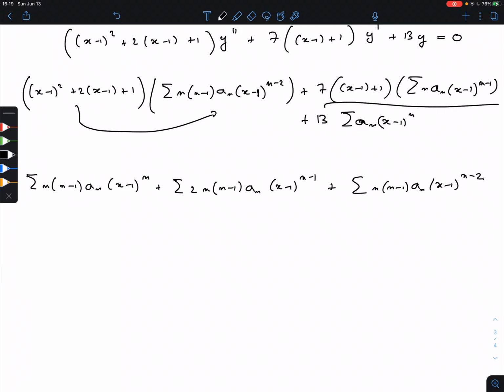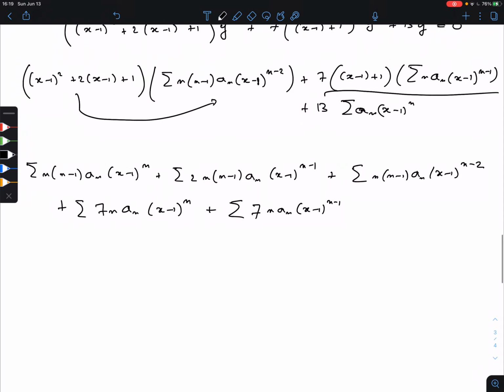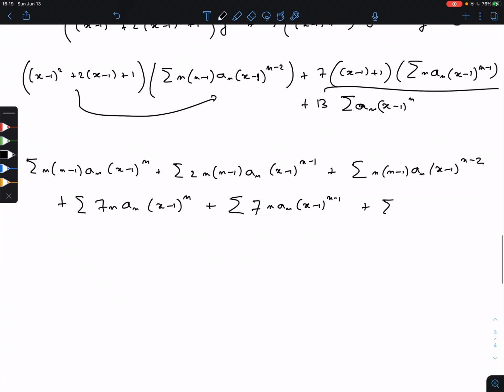Then this expansion gives me plus summation 7n a n x minus 1 to the power n plus summation 7n a n x minus 1 to the power n minus 1. And then finally we get plus summation 13 a n x minus 1 to the power n.